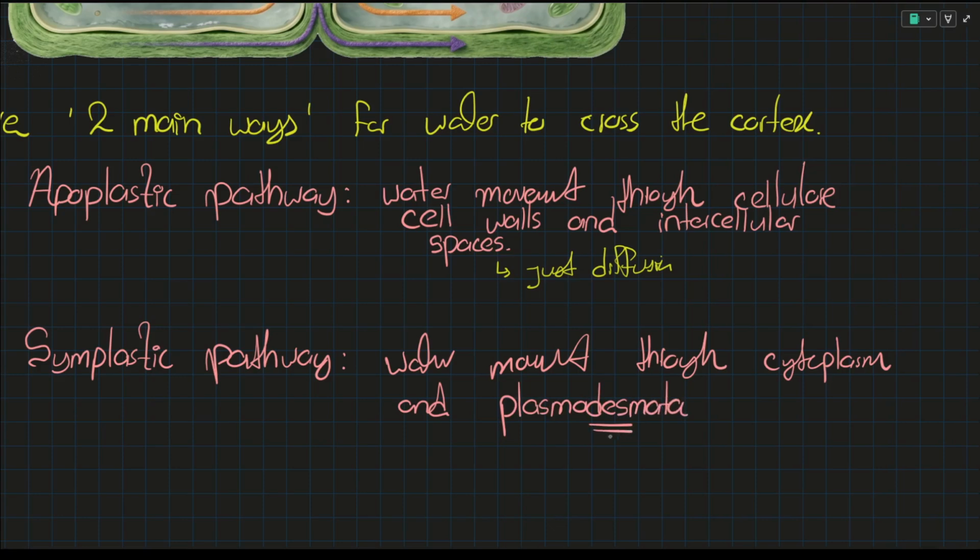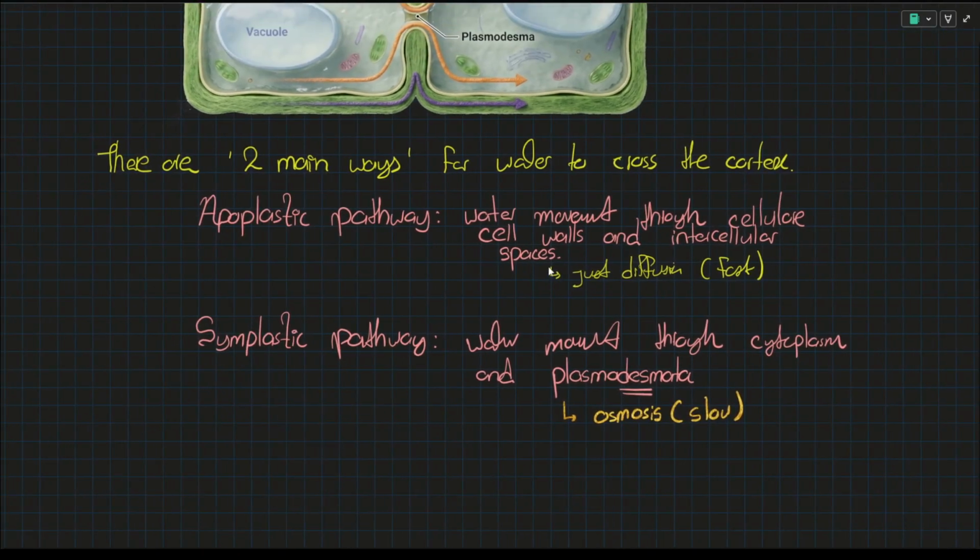Through the cytoplasm and plasmodesmata. This is not just plain diffusion. This is done via osmosis, and this is often termed as a slow mechanism, while this is a very fast method of getting water across a cell.